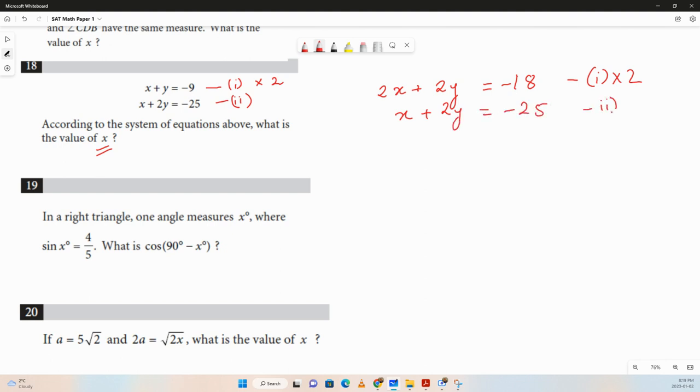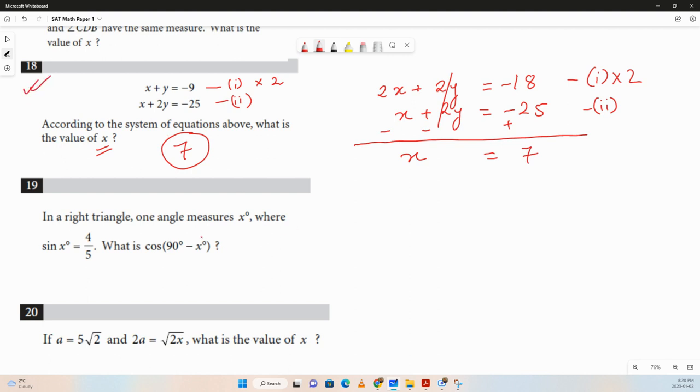And then we can subtract. So the 2y terms cancel out. 2x minus x is x, which equals negative 18 minus negative 25, that is 25 minus 18. What is 25 minus 18? 7. So the value of x is 7. And we'll move on to the next question.